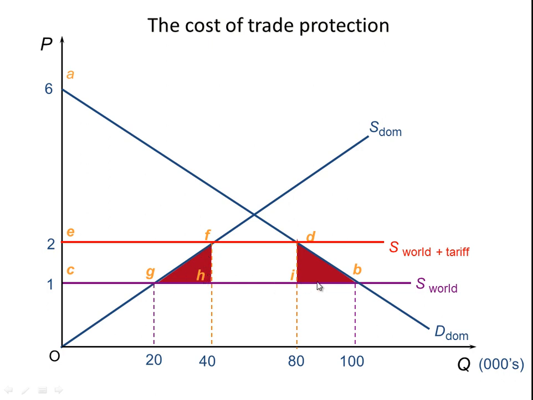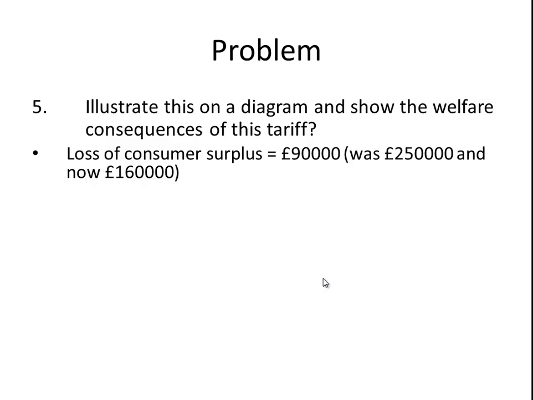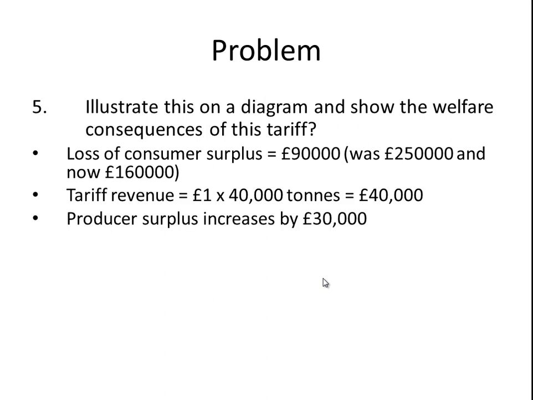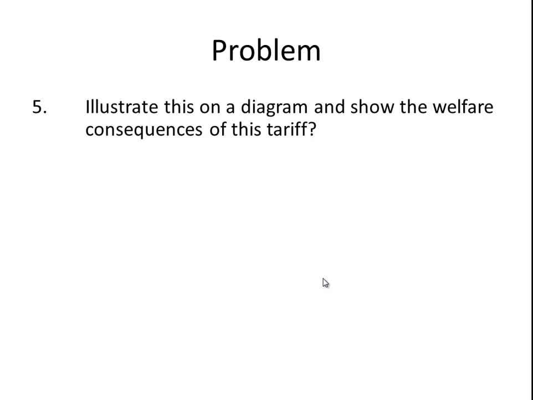And we can do the same for the welfare loss associated with the net loss of consumer surplus from the tariff. That would lead us to understand that we'd also have a £10,000 loss of consumer surplus. So summing it up, there's the loss of consumer surplus overall, the tariff revenue, the producer surplus increase of 30,000, and the deadweight loss, which was the two triangles we just showed, which we'll show you again.